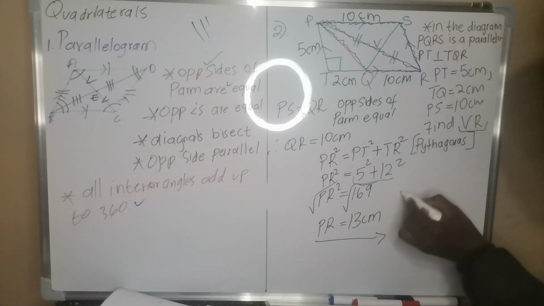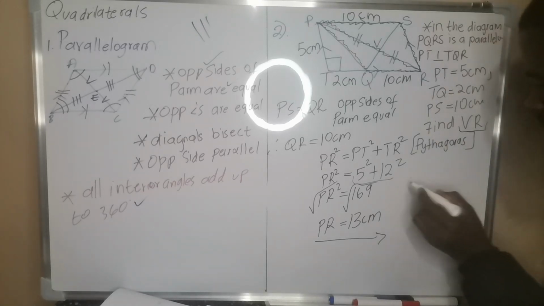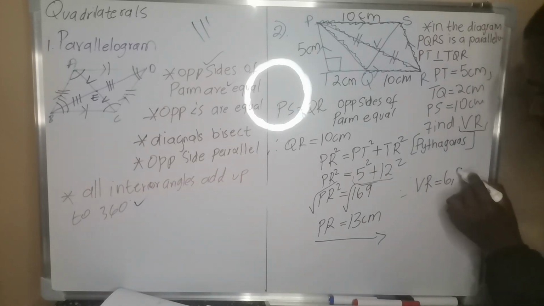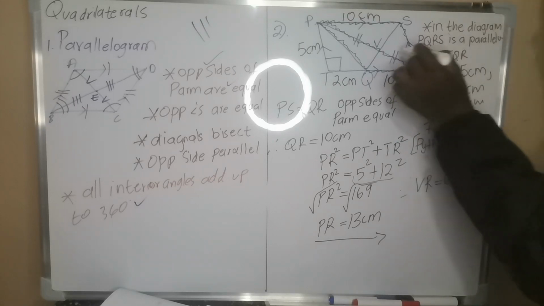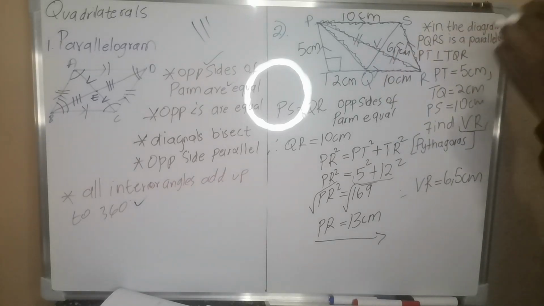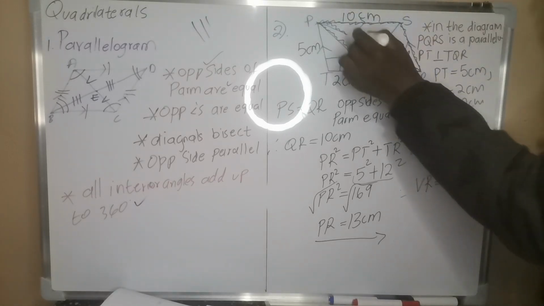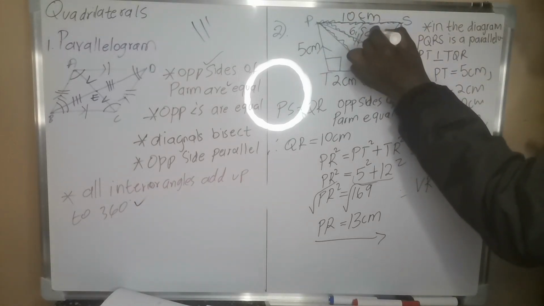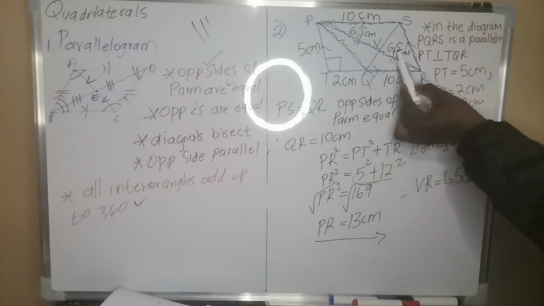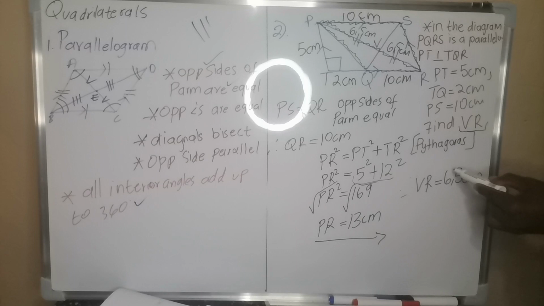That means VR is equal to 6,5 centimeter. And what is the length of PV? Also 6,5 centimeter. What's the length of PR? 6,5 plus 6,5, 13 centimeter. Then you are done with finding VR.